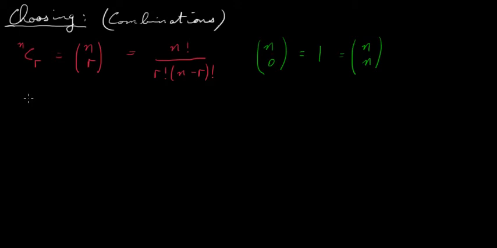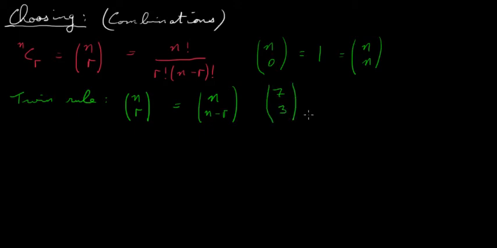The other thing you've got to remember is what's called the twin rule. So the twin rule means that if you have n choose r, that's exactly the same as n choose n minus r. So for example, if you've got let's say 7 choose 3, that's exactly the same as 7 choose 4.